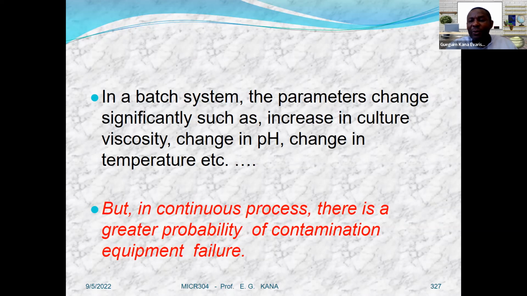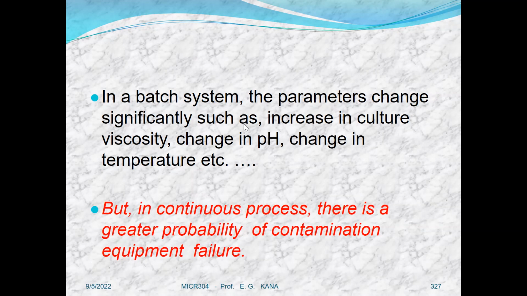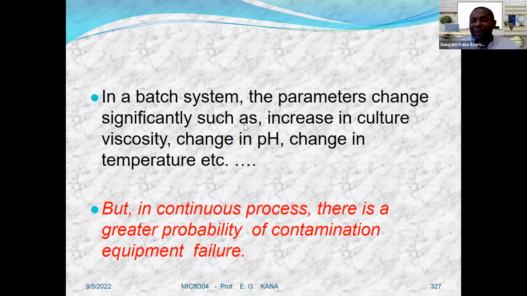You have a false impression, class, that you have a stable system simply because during the exponential phase, cells have a constant mu at mu max, right? But in reality, the batch system is an unstable system, with parameters that change with time. The substrate concentration will not remain constant because cells will consume the substrate.